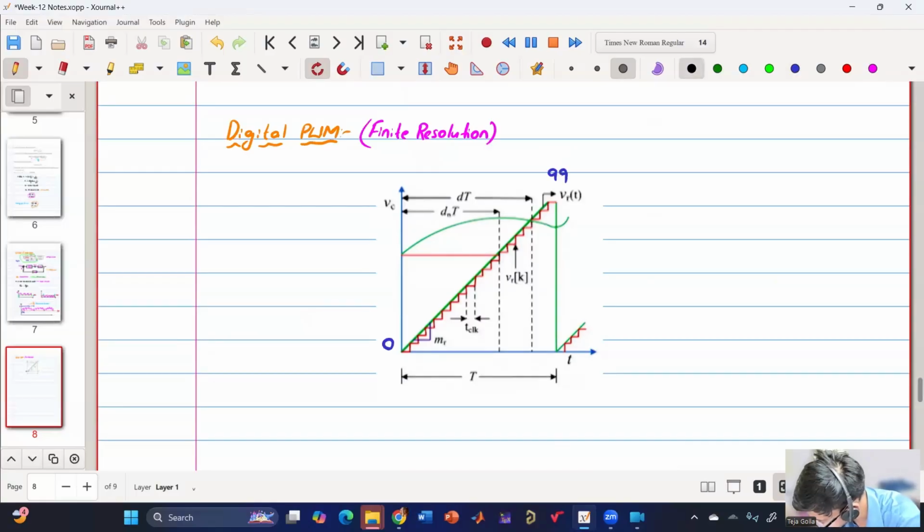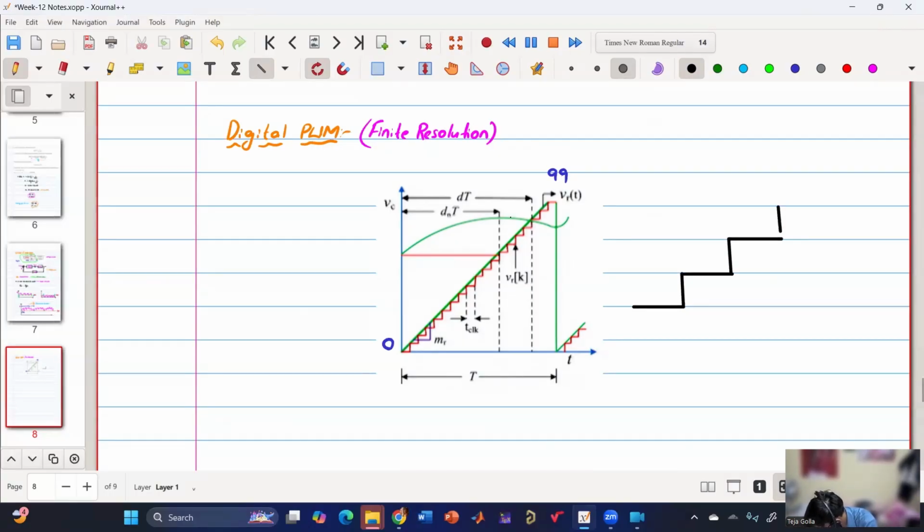Let us consider a single step in between. The vertical height is because of the quantization. This is a quantized voltage, right?